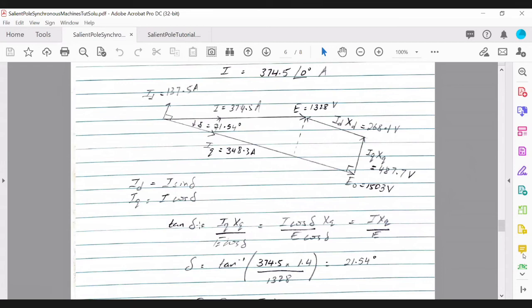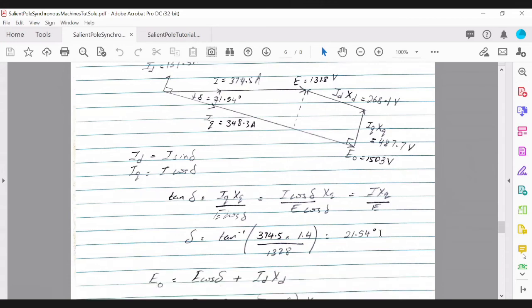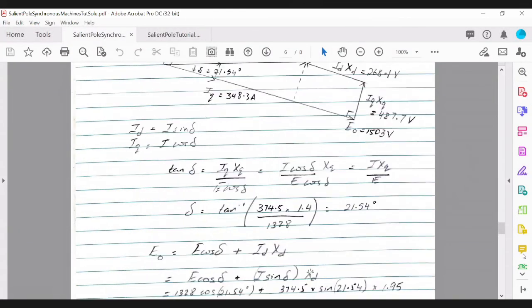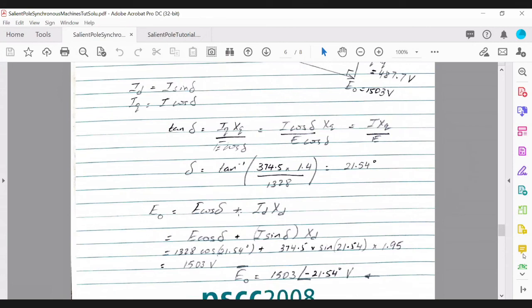So tan of delta will be IQXQ over E cos of delta. And you see that the equation reduces to a simple form, I times xq over E, right? And from there you can solve for the angle delta. Once you have delta, you can solve for E naught, which will be E cos of delta plus I dxt, right?